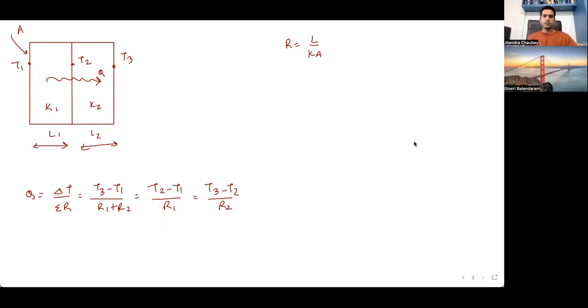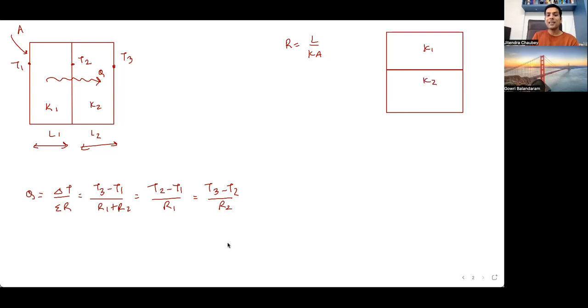Let us cover the parallel of this slab also, and then we will talk about some other shapes. If you have it in the syllabus, we will cover that. This is series, and parallel arrangement would be like two slabs of different K. Let us say this is K1, this is K2, having same length L. They must have same length.